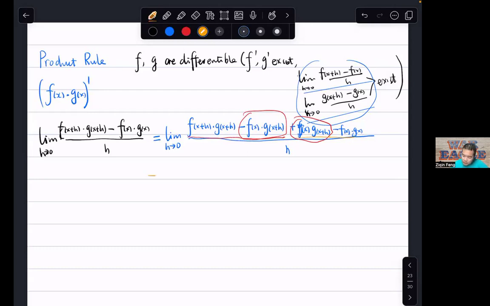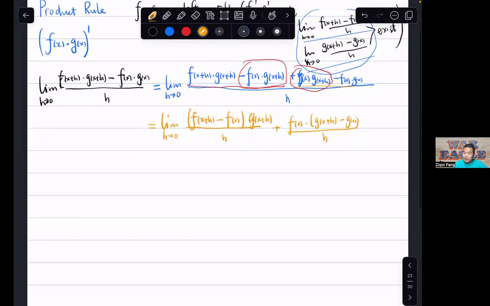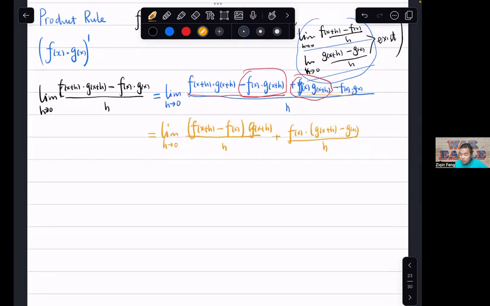So this is equal to, as h goes to 0, first pair over h, bringing out the common factor, f of x plus h minus f of x over h times g of x plus h, then plus f of x times g of x plus h minus g of x over h. Okay, now we can use what we know.